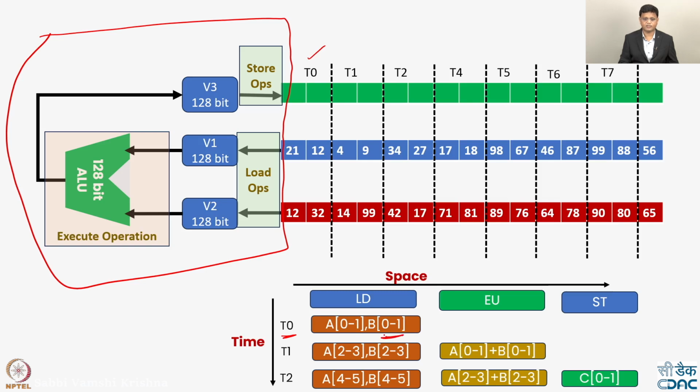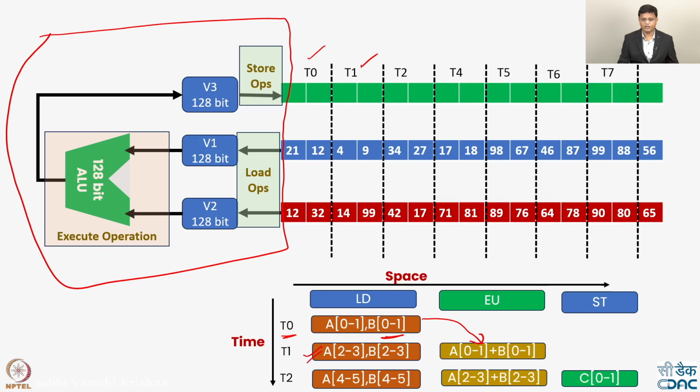Similarly, you can see that at the T1 cycle, means the next clock cycle, these two elements will go to the execution unit and the next two elements of the arrays will come for the load operation.